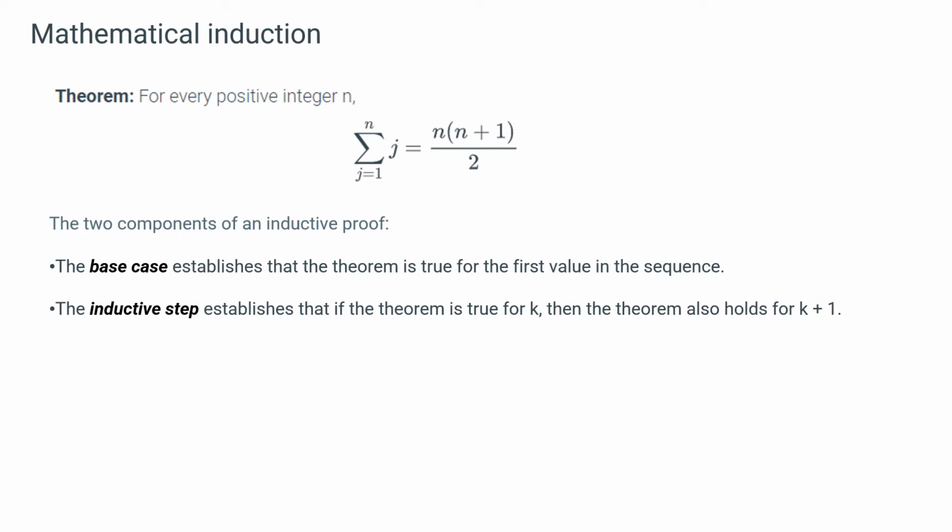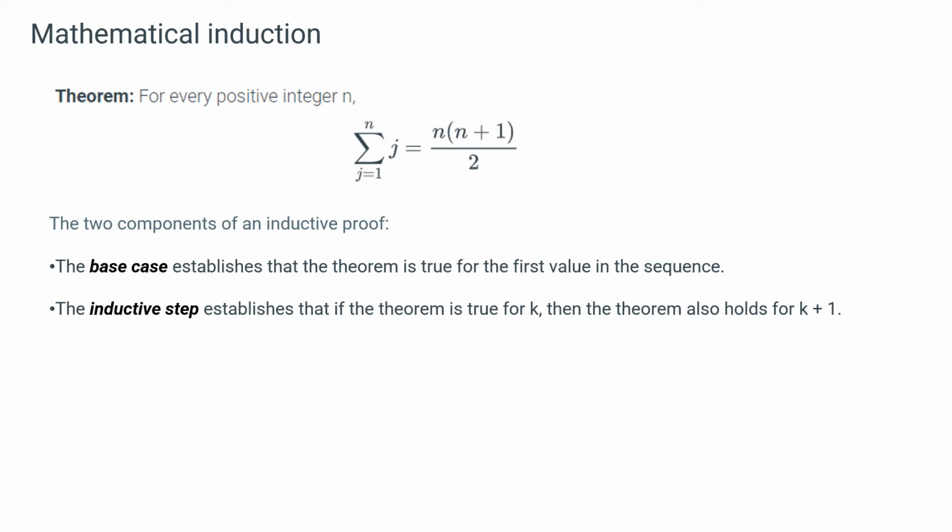Then we do the inductive step. That is going to establish that we can assume that the theorem is true for n equals k, just any old number k, and then we start with that assumption and see if we can prove that it implies that the theorem also holds for n equals k plus 1.